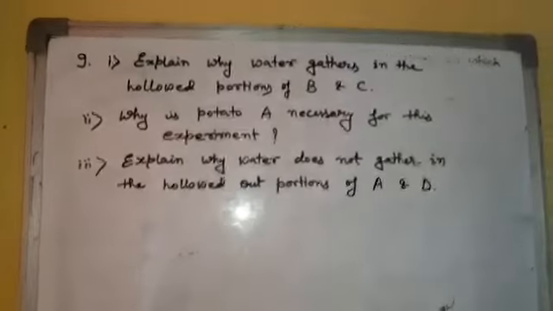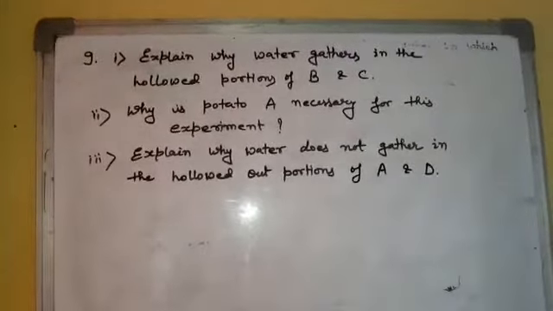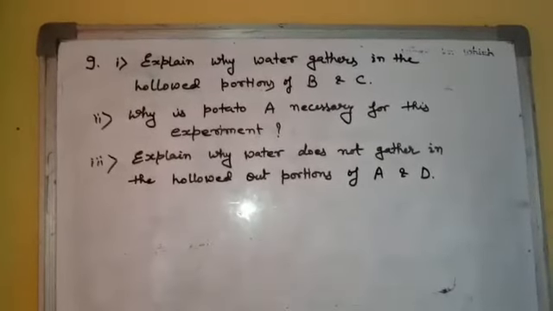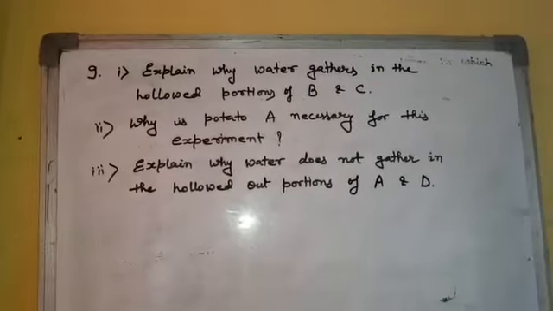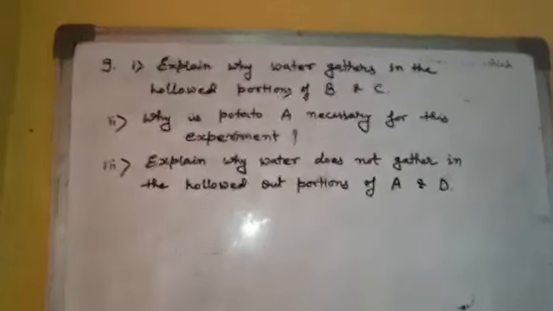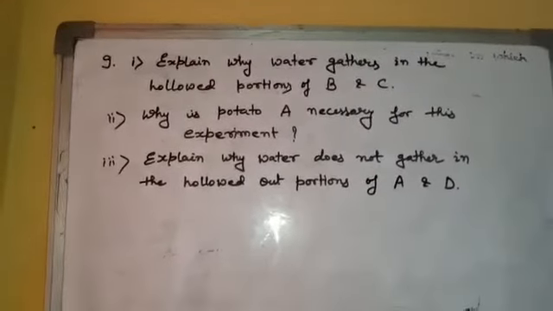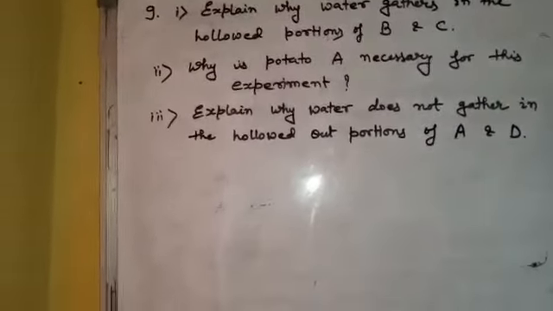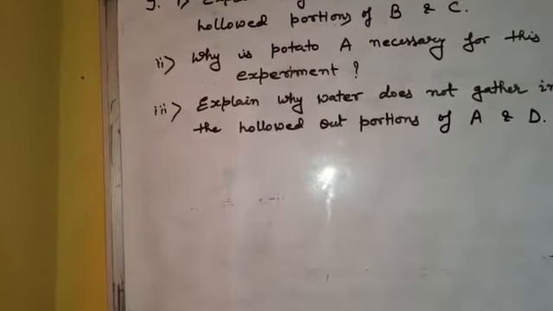The ninth question is a situational question. You are given a situation to make 3 potato cups. The first question, explain why water gathers in the hollowed portions of B and C. So, potato cup B is having sugar in it, whereas potato cup C is having salt in it.